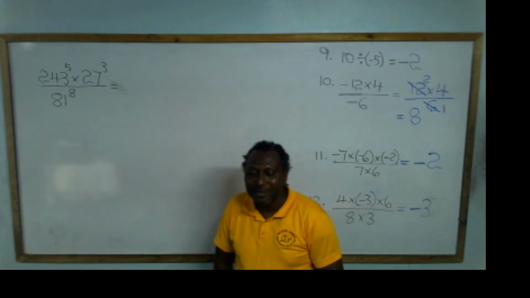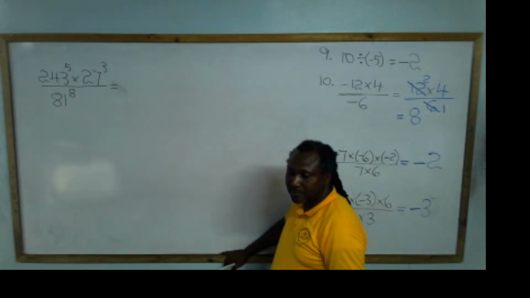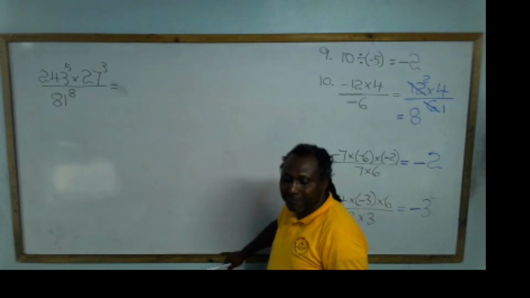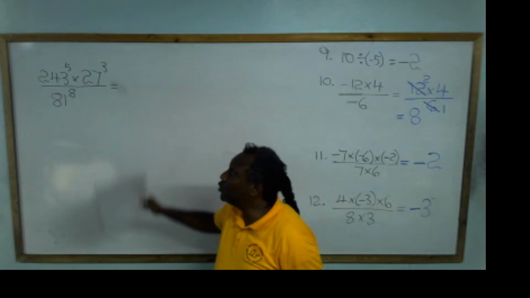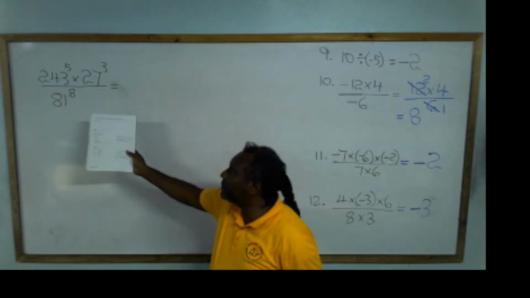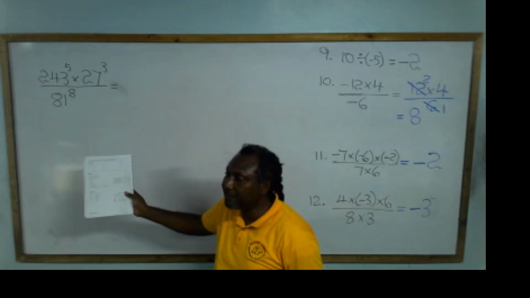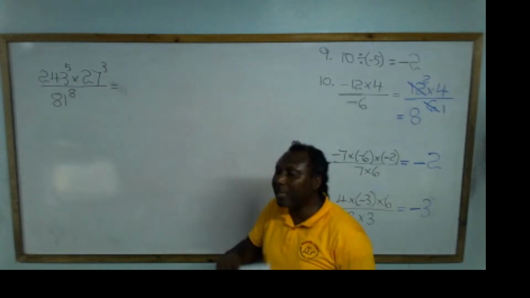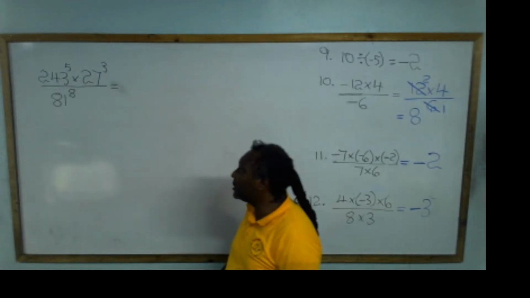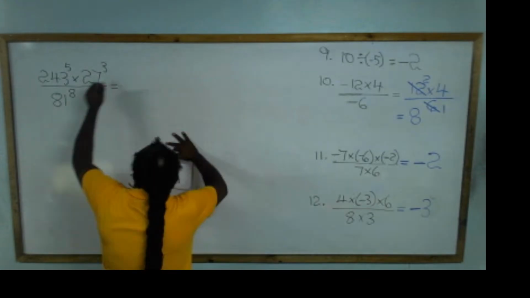So let's go. What do we say about this problem? From what we have done on Thursday, you have the table in your instructional manual. And in that table, you have 243, 27, and 81 to be all powers of 3. So much so that you solve the problem and you supply the correct answer. So 243 is 3 to the power of 5.